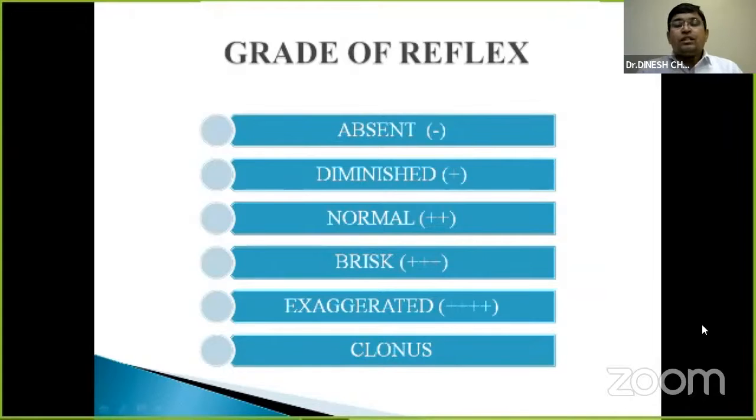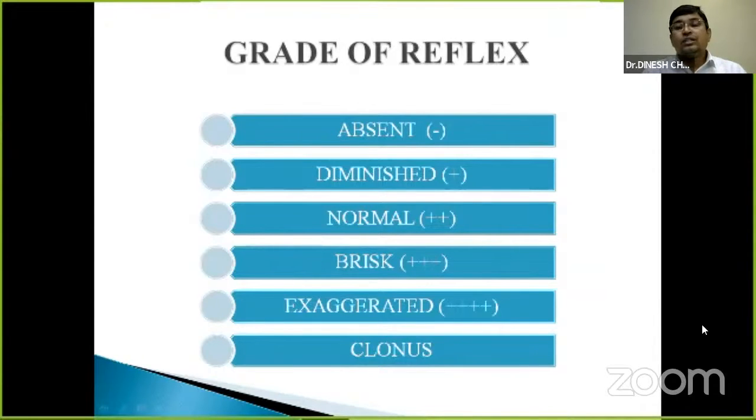On the basis of grading, how do we come to know whether it is an LMN lesion or a UMN lesion? If it is absent or diminished, most of the time you will see this in case of an LMN lesion. If it is brisk or exaggerated, the lesion will be a UMN lesion.